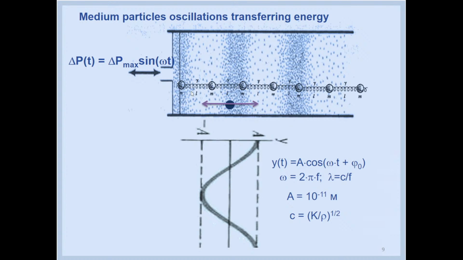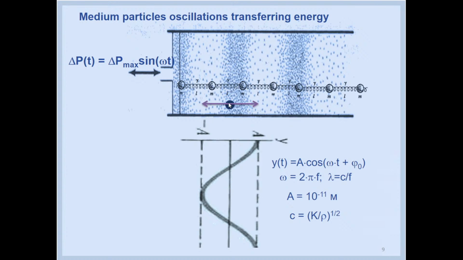And all particles by that means are set into motion. What is the kind of motion? It is not translational motion from one end to the opposite end, but because of the connection between the particles, all particles start to oscillate around their equilibrium rest positions.